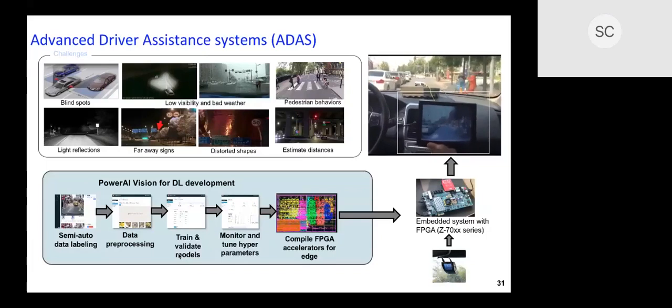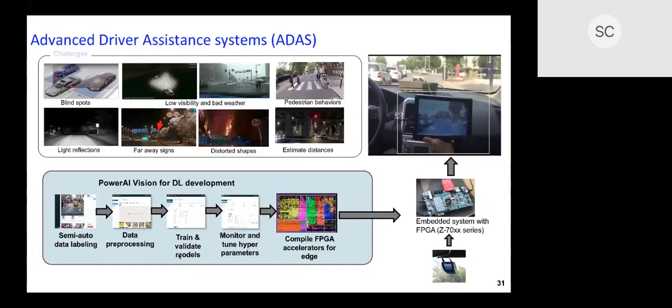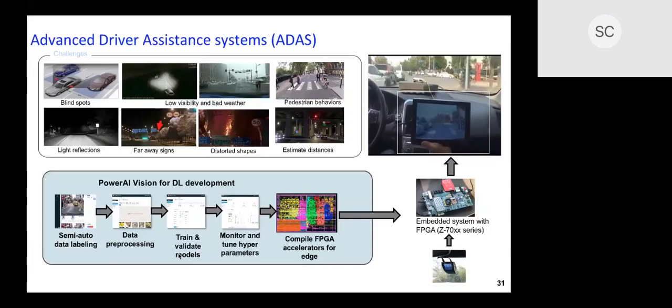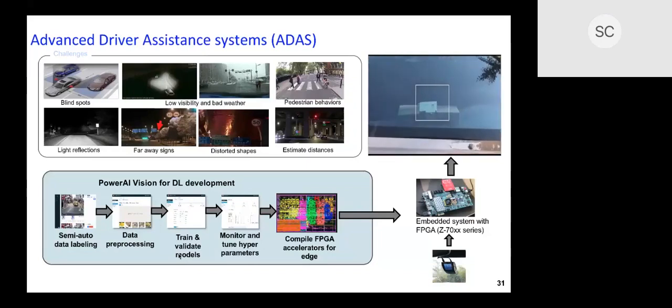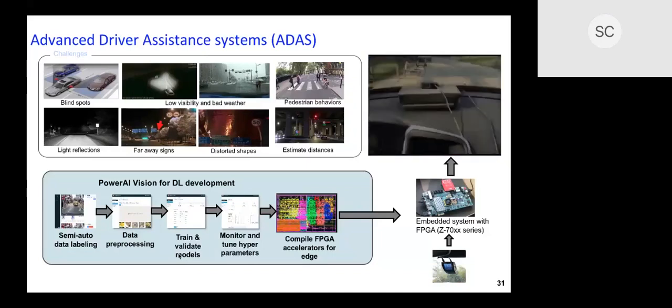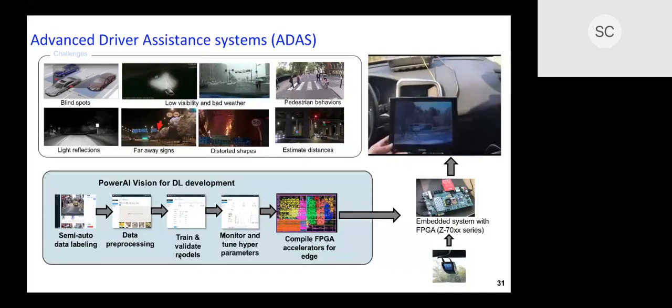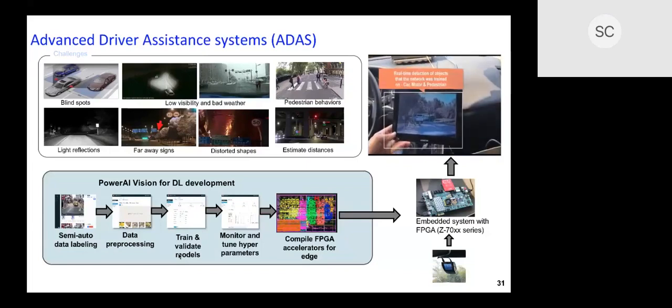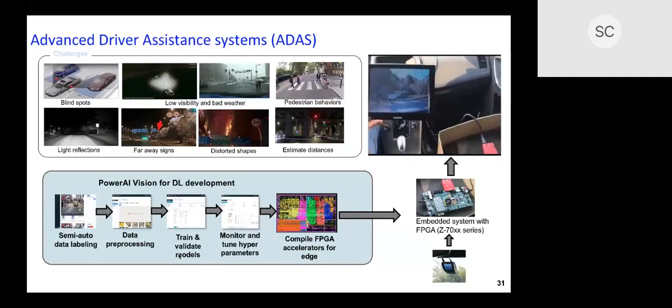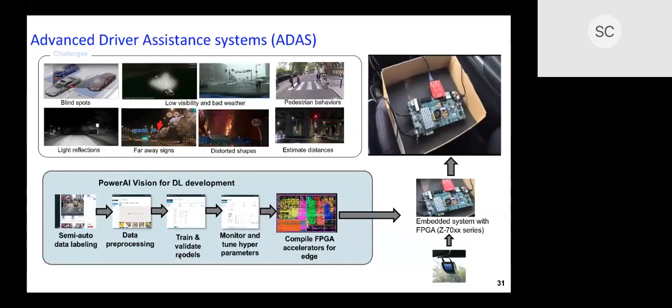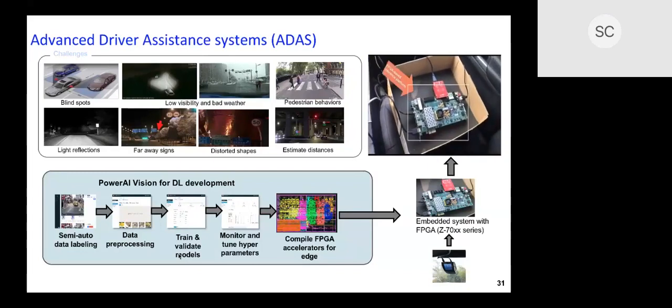The camera is picking up the world around the car, and an accelerator like an FPGA on the car is running a trained model that understands people, bikers, motorcycles, cycles, other cars, and hinting the driver about the world around the car. Maybe you're backing up, and there's a car behind you, and the system will help the driver to be careful about it or do something about it.